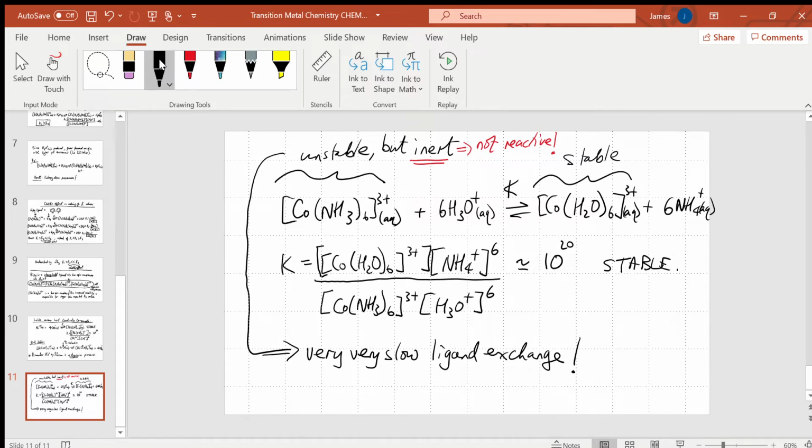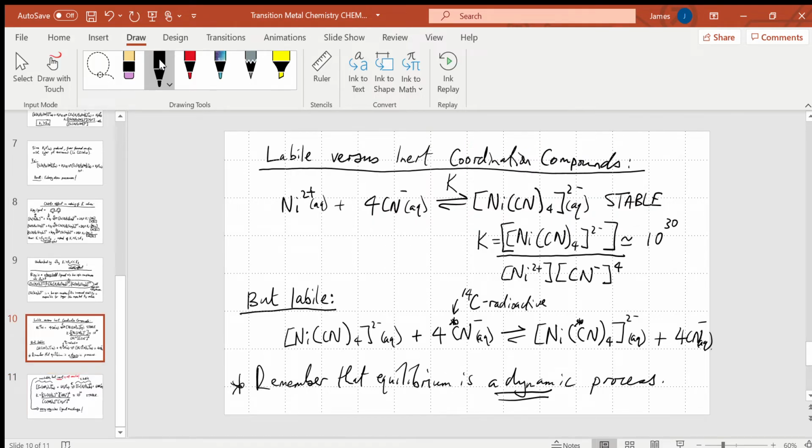I don't have any numbers to offer you, but I know that's very, very slow. So if we compare the last two slides, we're looking at a labile compound versus an inert compound.